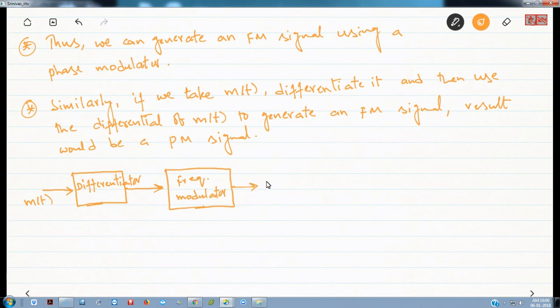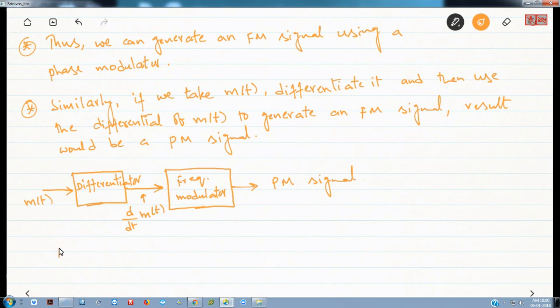Here we have d by dt of m of t, and this output is a phase modulated wave, right?